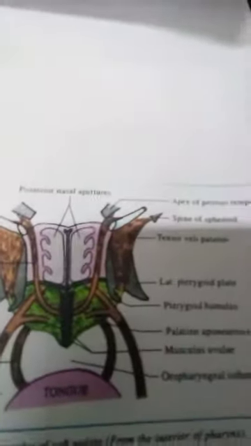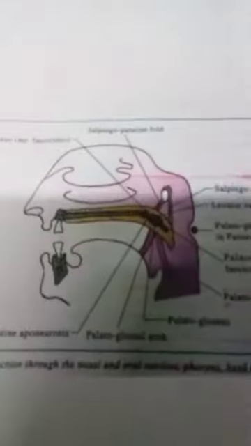Next, we will learn about the blood supply. Arterial supply of soft palate is carried out by greater palatine branch of the maxillary artery, ascending palatine branch of the facial artery, and palatine branch of the ascending pharyngeal artery.